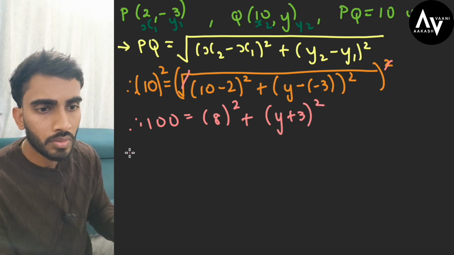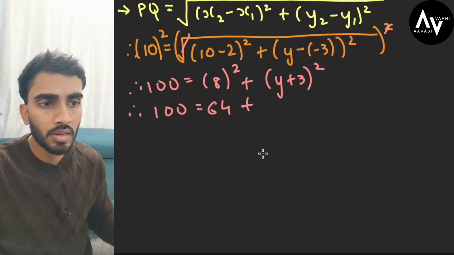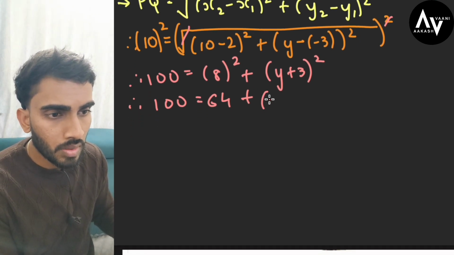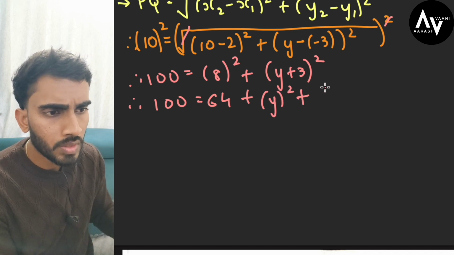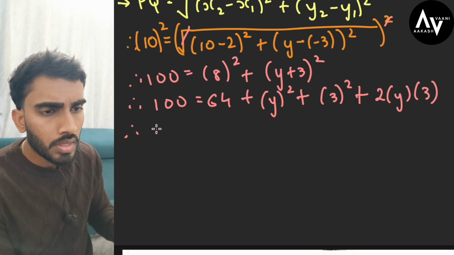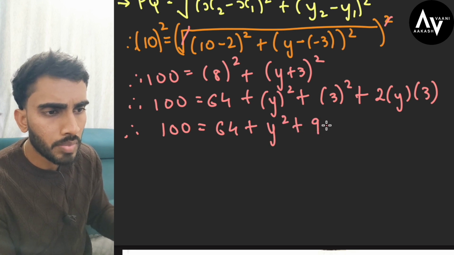Now 100 equals 64 plus (y plus 3) the whole square, which will be expanded by the formula of (a plus b) the whole square, which is y square plus 3 square plus 2 into y into 3. So 100 equals 64 plus y square plus 3 square, which is 9, plus 2 into 3, 6y.